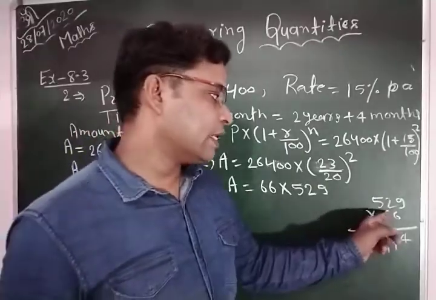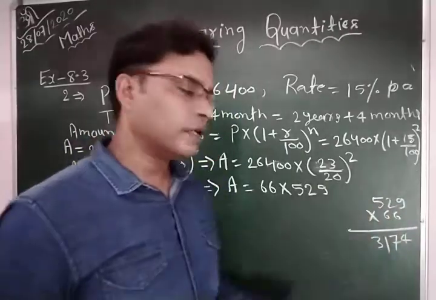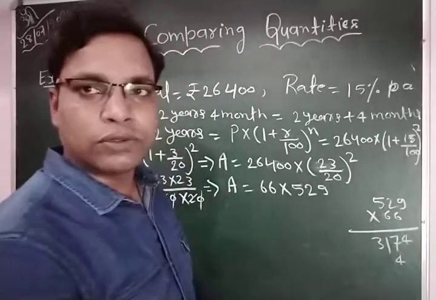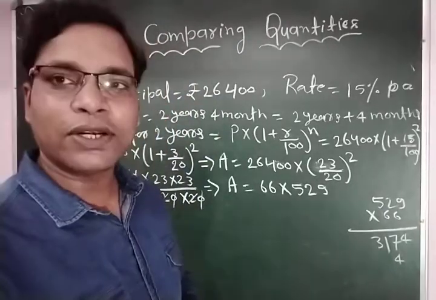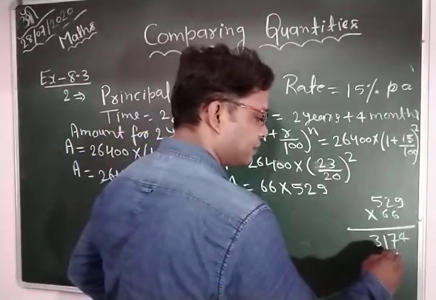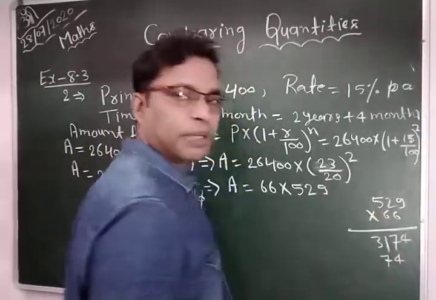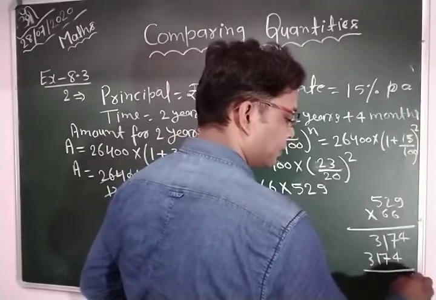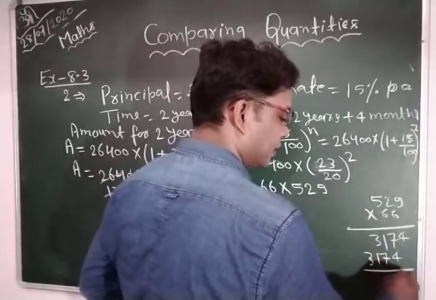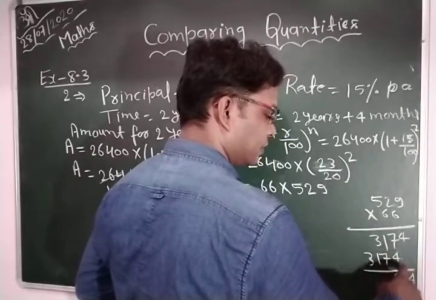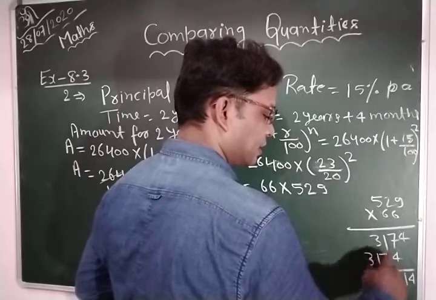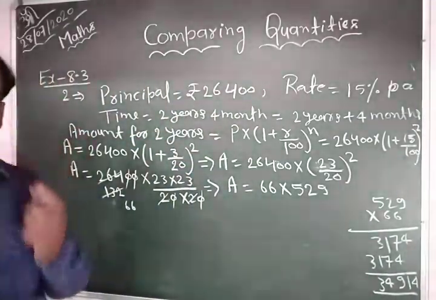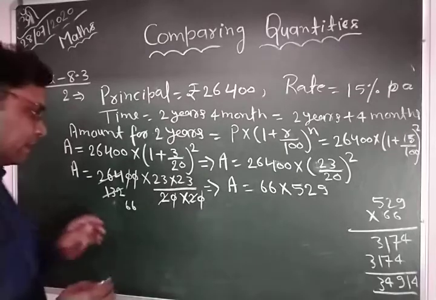Now again we multiply 6 by 9, 6 by 2 and 6 by 5, the same way. Adding, we get 34,914. Okay, this is the amount we find here.